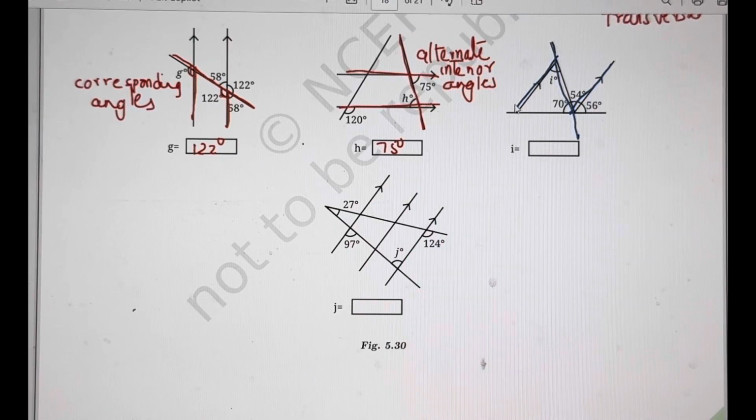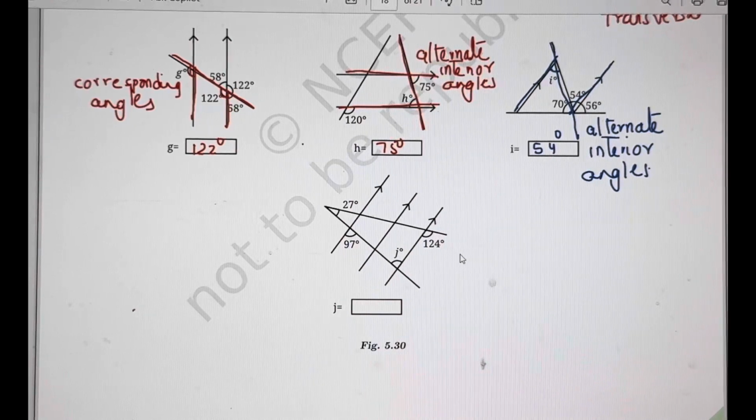So if we see a transversal, you just identify the Z. So if we identify Z, I and 54, they are forming the Z. So I will be equal to 54 because both are alternate interior angles.